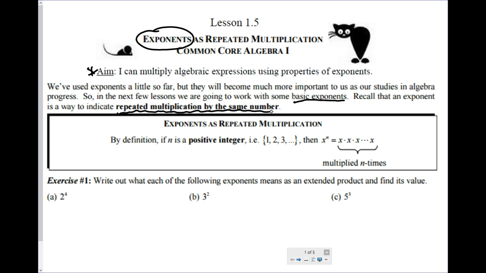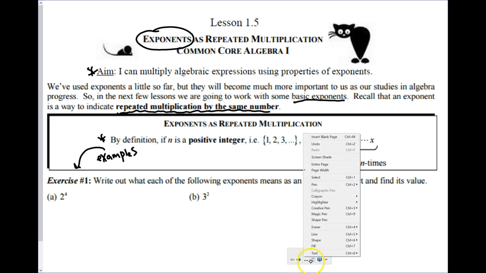So if we look at the box where it says exponents is repeated multiplication, the definition says that if n is a positive integer, like 1, 2, or 3, then x raised to the n power is going to be x multiplied that many times. Okay, so that's a really confusing definition when it's all in letters like that. So I think the best way to think of this is to think about examples.